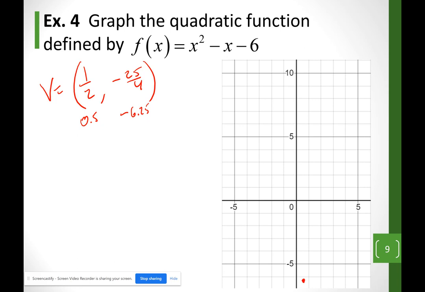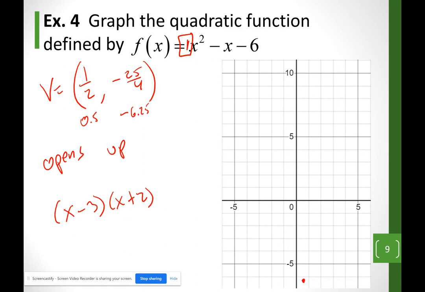Now let's talk about my first number. It's a positive 1, so I know this thing opens up. Another thing I should be able to find is my intercepts. I'm going to factor x squared minus x minus 6. Remember how we used to factor this? I get x minus 3, x plus 2.